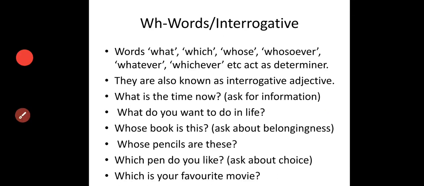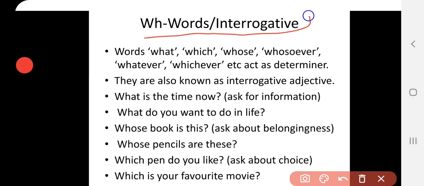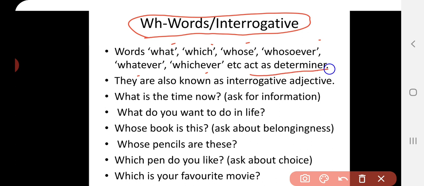Next is the WH words or the interrogatives. We call WH words the interrogatives, and these words are used as determiners. What, which, whose, whosoever, whatever, whichever, they act as determiners.